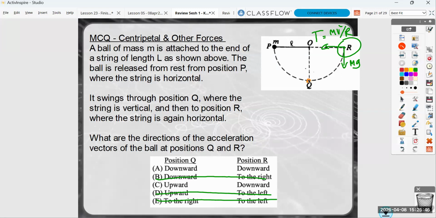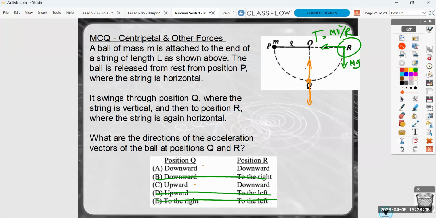What forces are on it at point Q? Tension and gravity. I know one of those needs to be stronger because my choices are upwards or downwards. Which force should be stronger? Why should the tension be stronger?